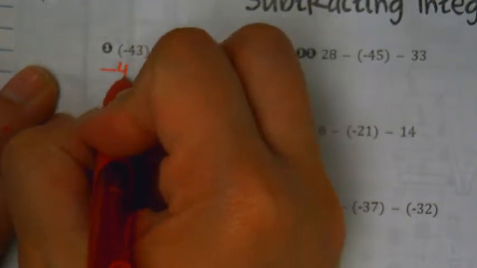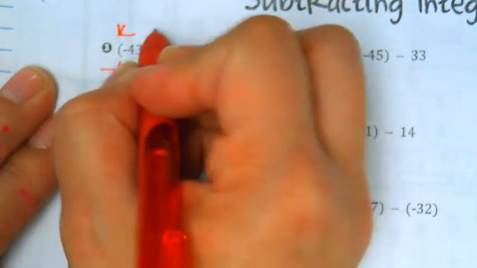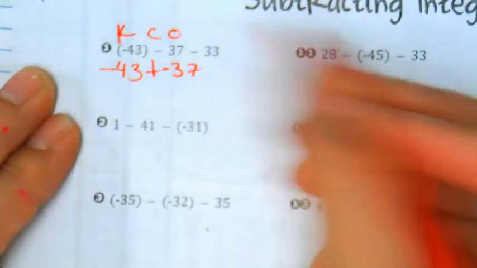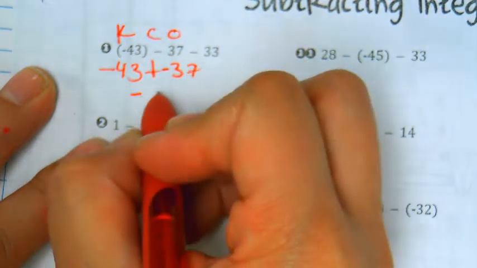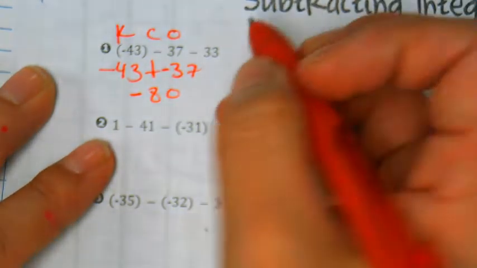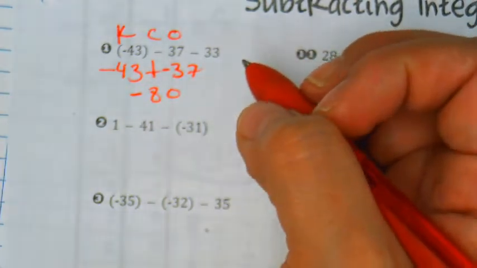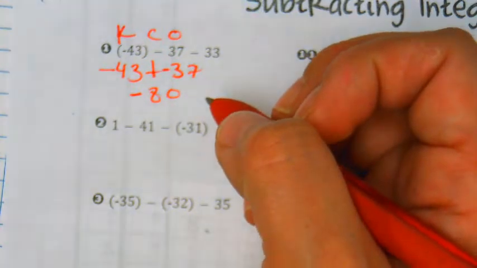Negative 43 plus negative 37 is a great keep, change, opposite. Then the answer is negative 80. Now you bring down, or you can change it on the way down. If you can handle changing it on the way down, then do that.